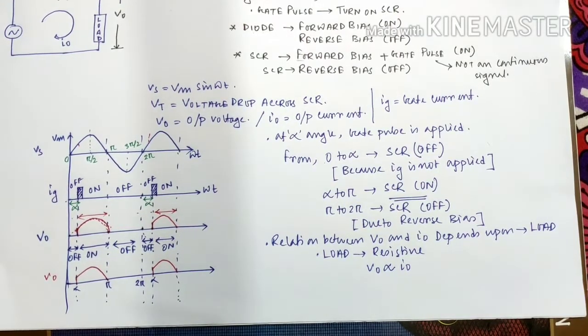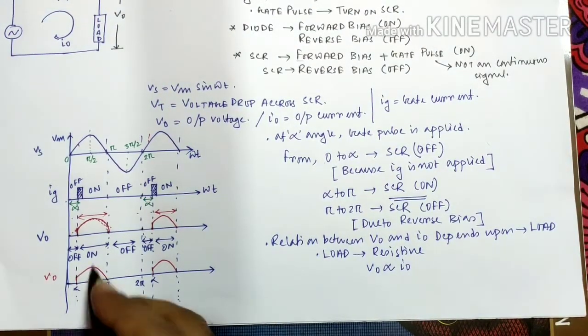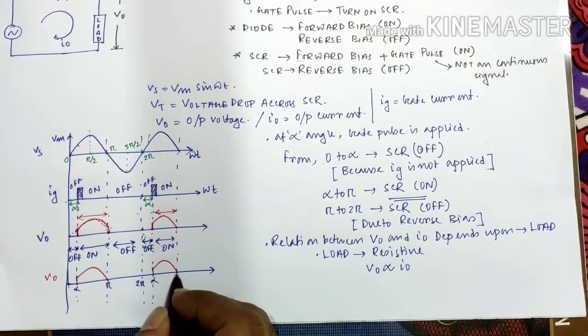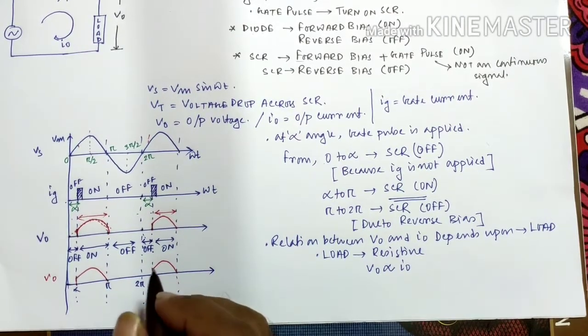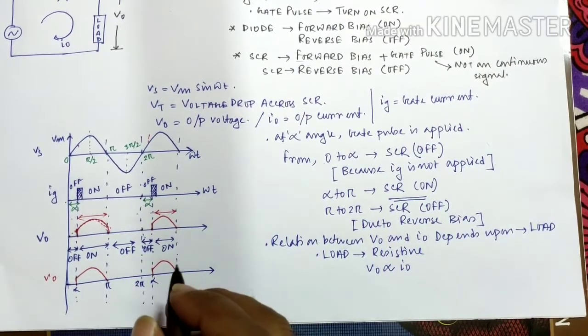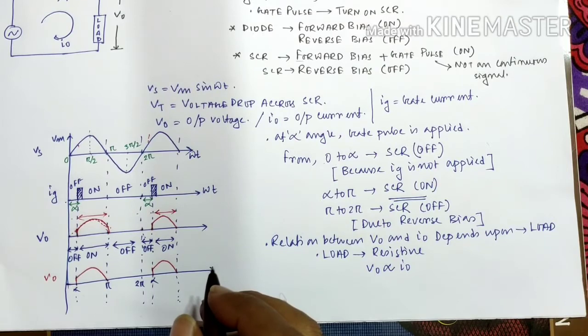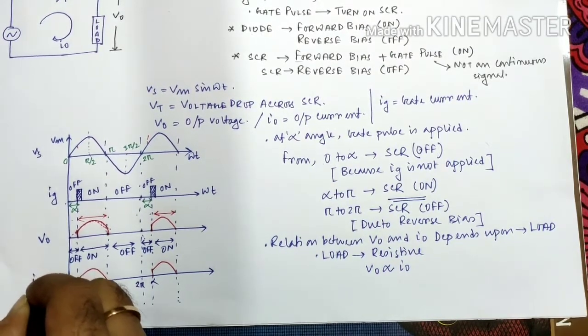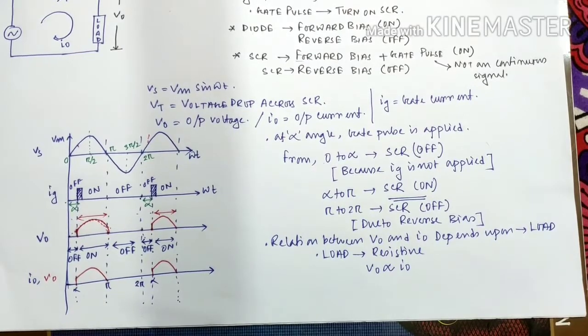So if we assume that the load is a pure resistive one, then if this particular waveform represents V0, then it can successfully represent I0 also. So I can write here I0 also. V0 and I0 both will be same.